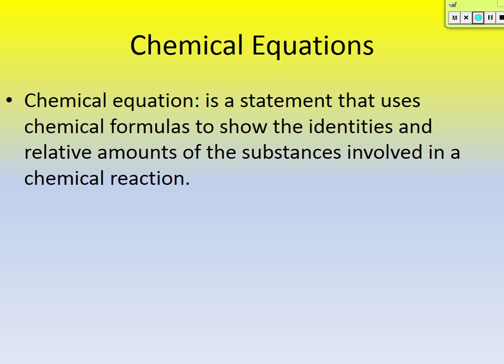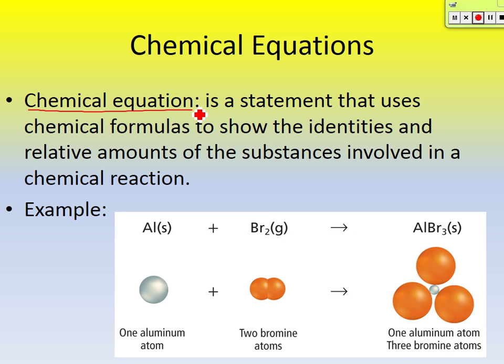We're going to spend the rest of the chapter talking about chemical equations. It shows us this chemical symbol, which represents its identity, and it also gives us information about the amounts of those elements that are in the chemical reaction. So we'll learn a lot about this stuff coming in just a minute.